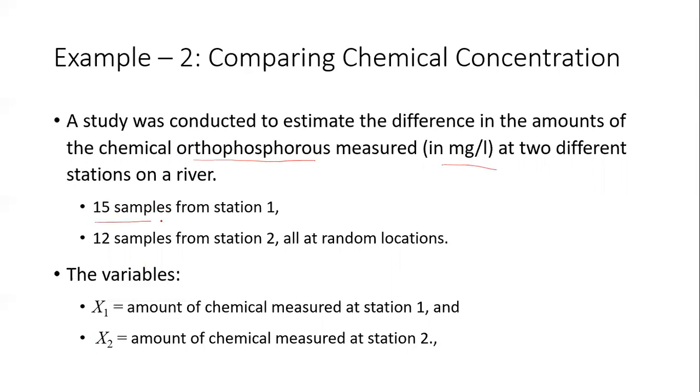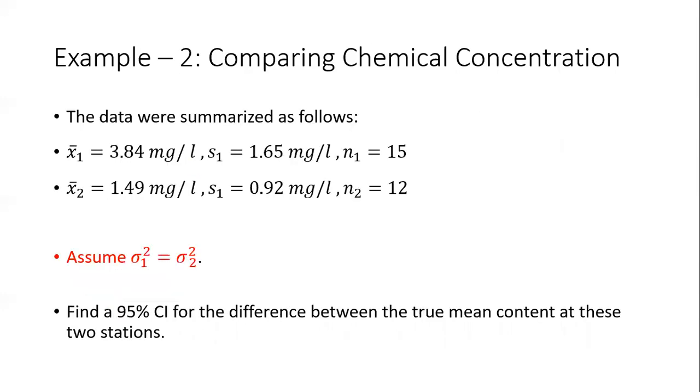There are 15 samples from station 1 and 12 samples from station 2. X1 is the amount of chemical measured at station 1, and X2 is the amount of chemical measured at station 2.